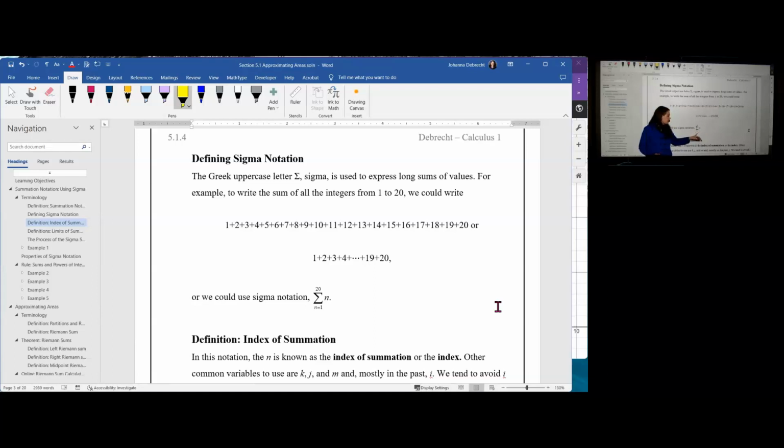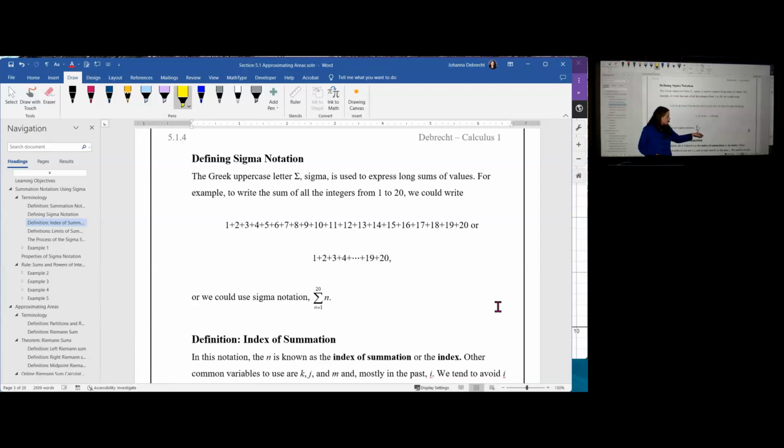the summand. You can start at any value you want, and you can stop at any value you want. It is customary, however, to generally start at either 0 or 1. And there are good reasons for that, which we'll discover in calculus 2. Most of ours will start at 1, although sometimes we may start at 0.